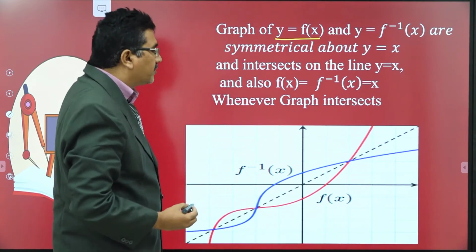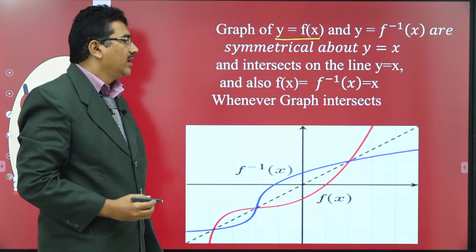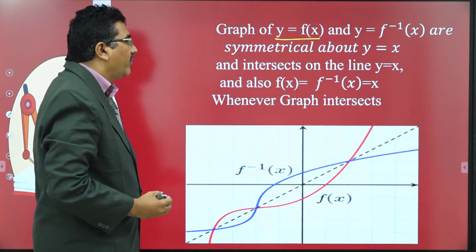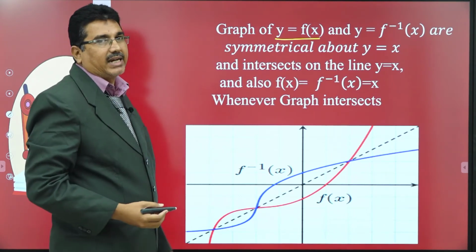These two graphs intersect on the line y is equal to x whenever the two graphs intersect.